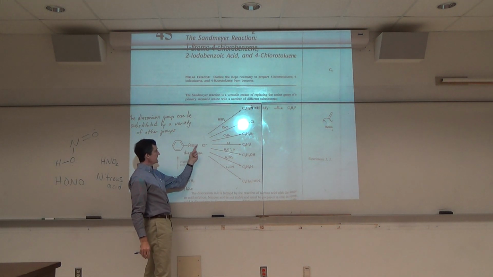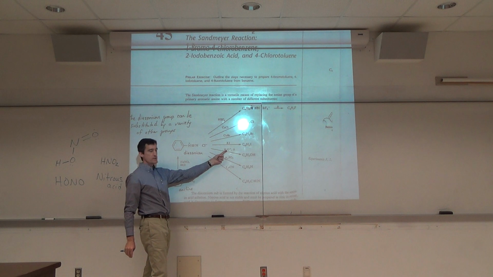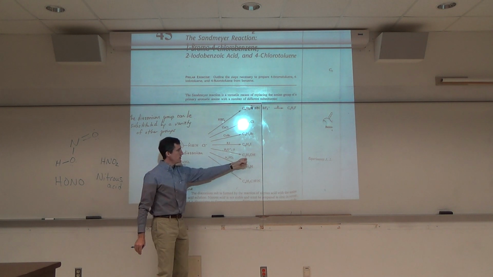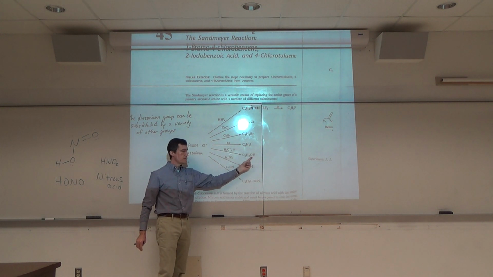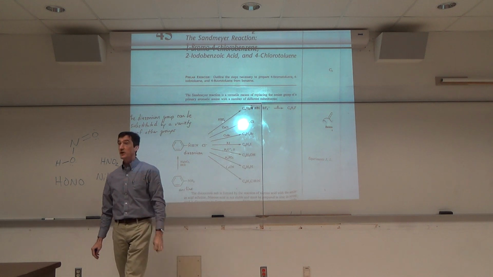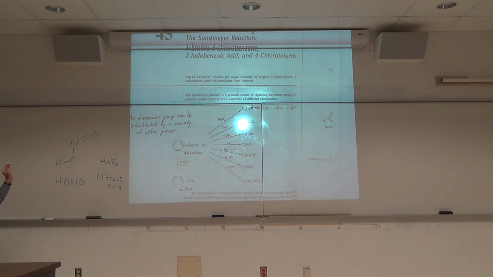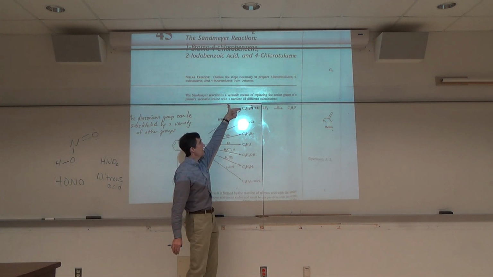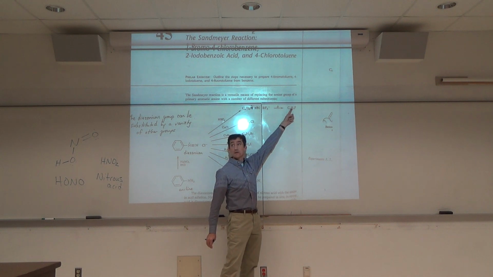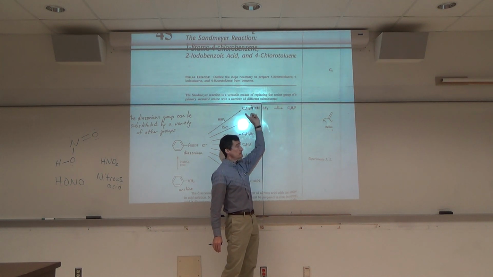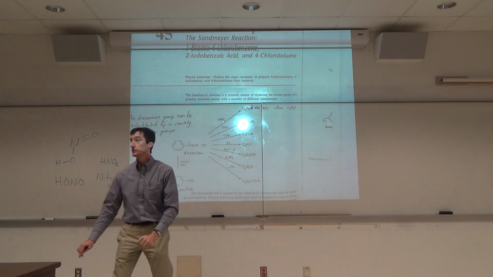Let's see. If you just take your diazonium and heat it in water, you can replace the nitrogen with an OH. And what are you making here? What do you call this type of compound? Phenol. That's a great way to make phenols. And if you remember, we don't have a direct way to make phenols. This is also a great way to make the fluorine on the ring, as long as you don't have trouble with your diazonium.